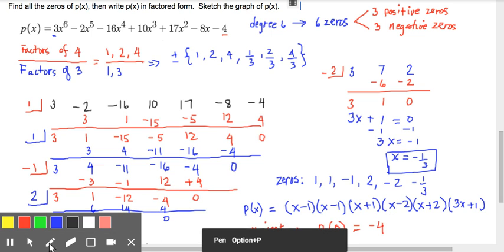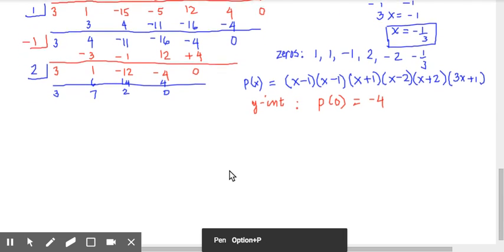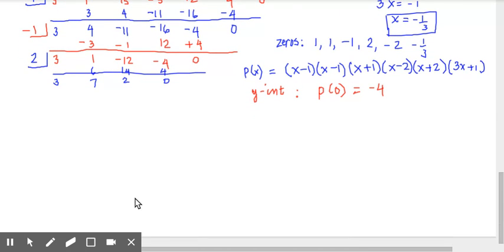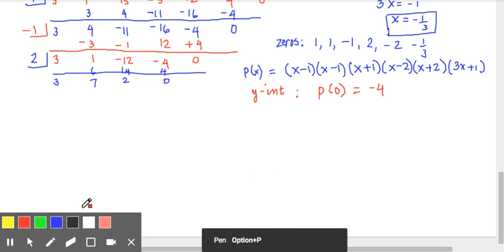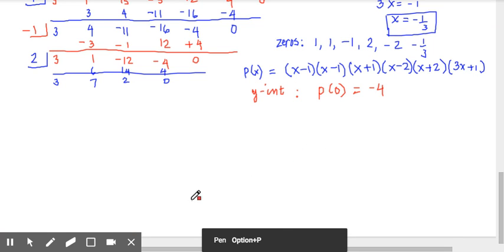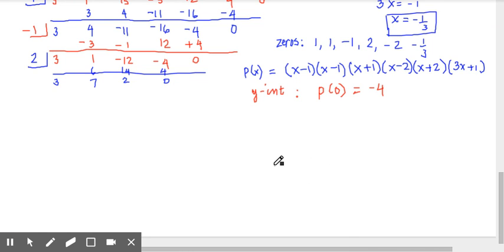All right, so now let's do the graph here below. So our axes, x-axis, y-axis.